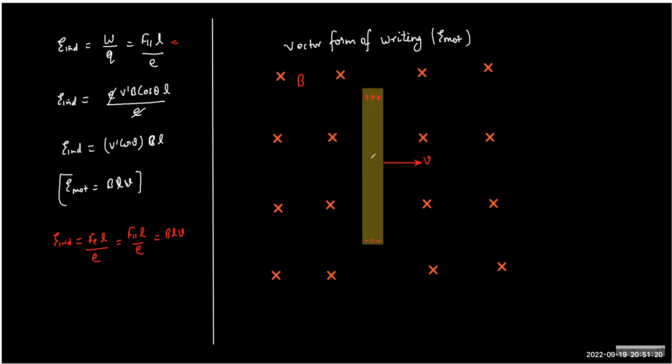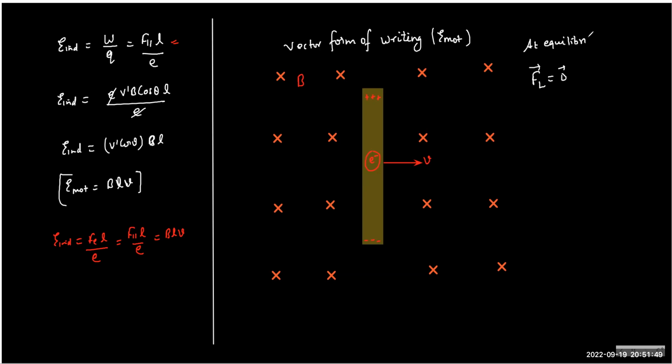So now, if the electron is at rest, what we can say is the net Lorentz force on this must be 0. See, I have no idea how the field is, but even if any isolated rod is moving in a circuit, what you can always write is that the Lorentz force must be 0, at equilibrium.